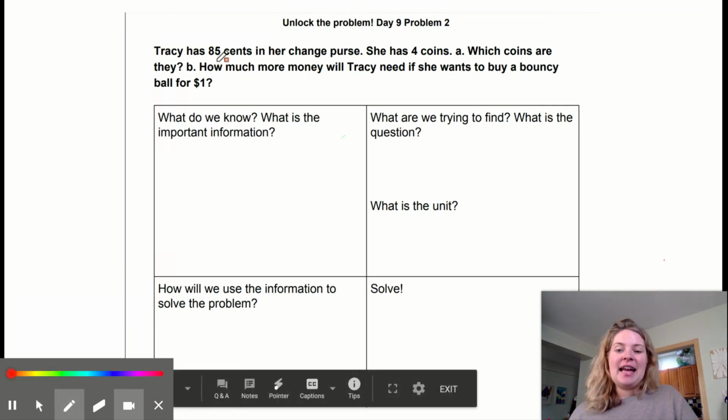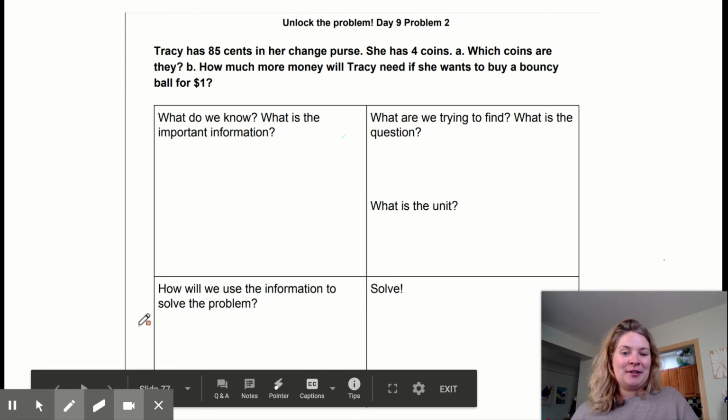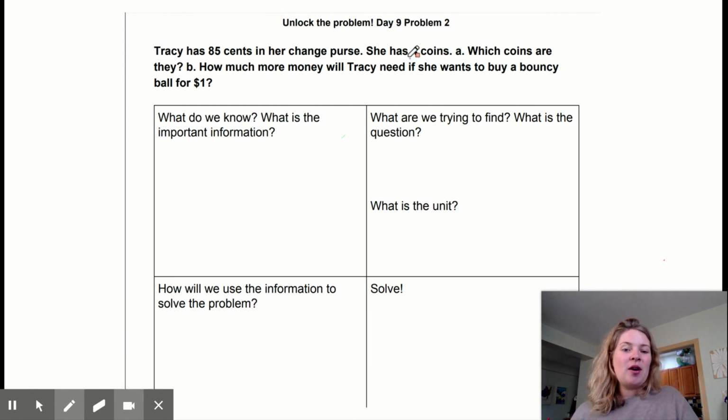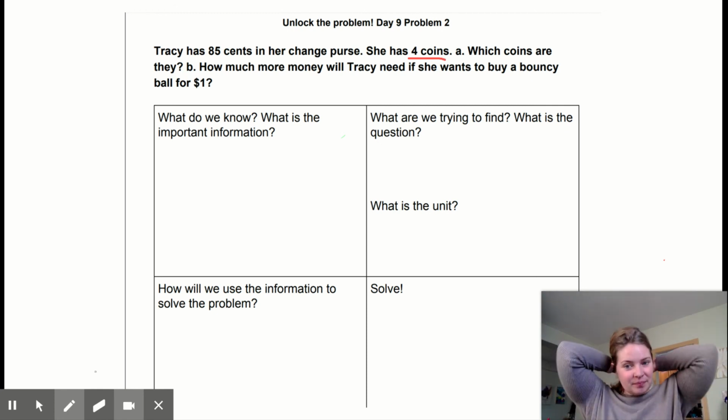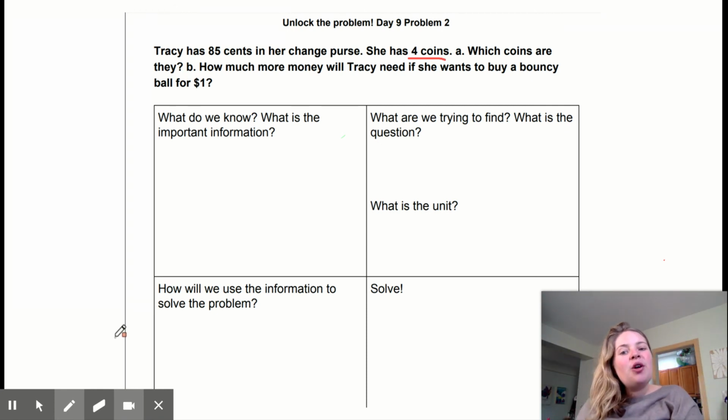Tracy has 85 cents in her change purse. She has 4 coins. Which coins are they? And how much more money will Tracy need if she wants to buy a bouncy ball for $1? All right, what do we know?